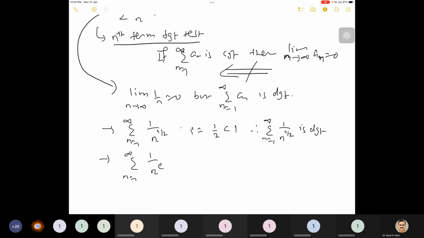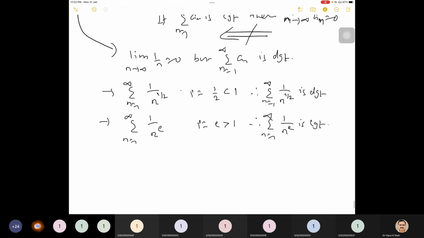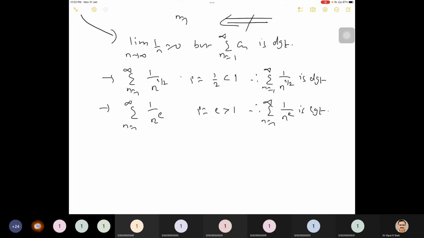What can you say about this one? What is p here? It is e, 2.7 something, and this is greater than 1. So this series is convergent. Agree, everyone? So this is about the P series and convergence and divergence.